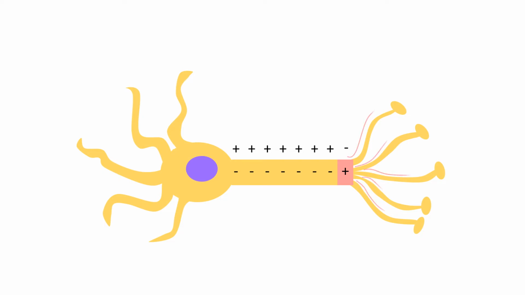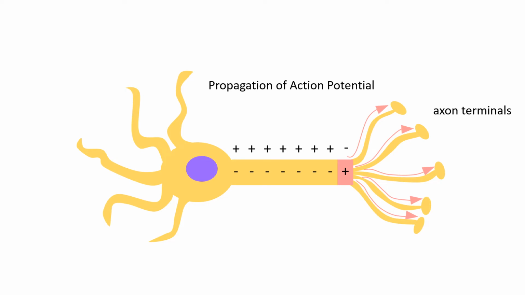It's actually going to continue all the way down to the end of the axon terminals. Now, the sequential depolarization and repolarization of the neuron cell membrane is how it propagates the action potential. This is how the neuron transmits its impulse that it receives and transmits a message to another cell.